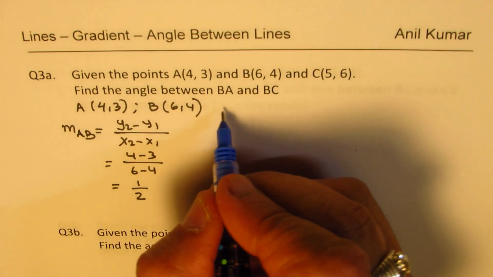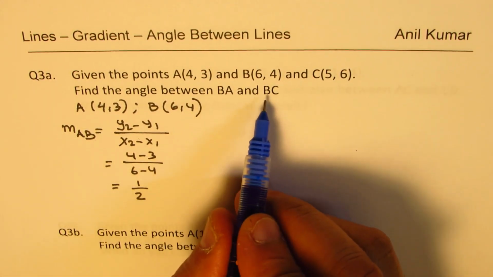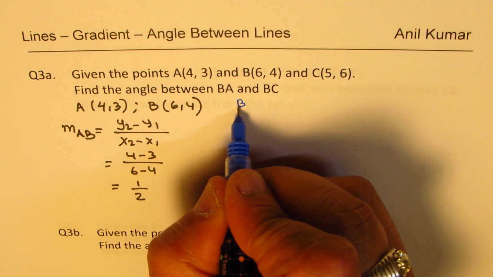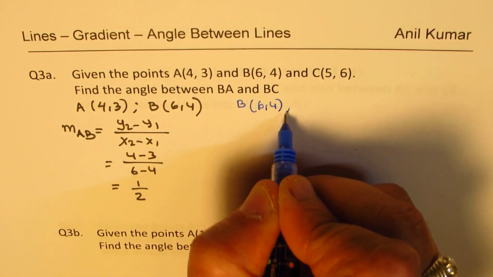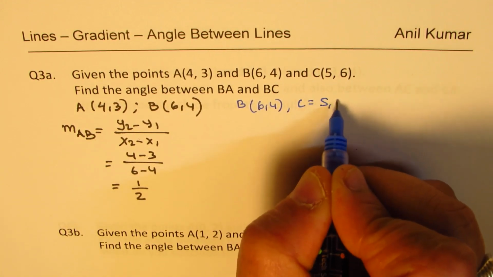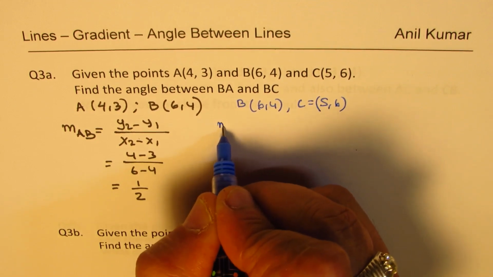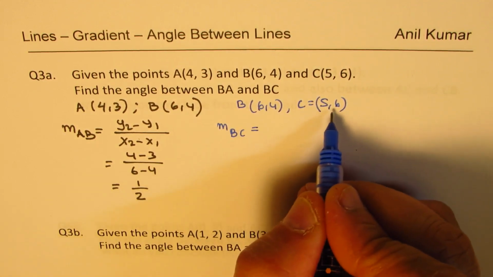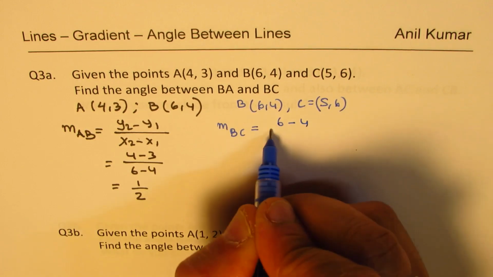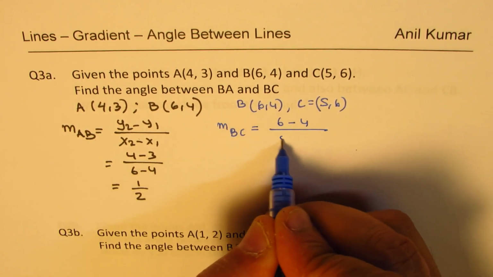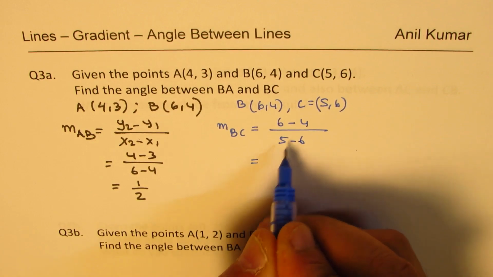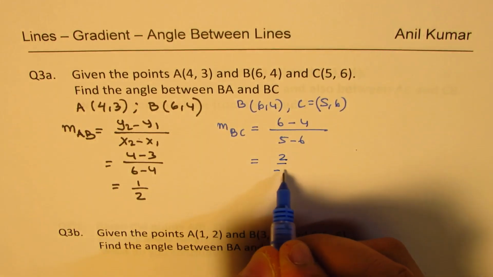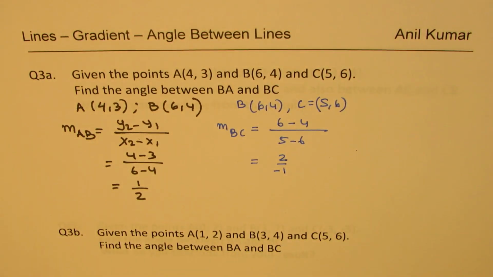Now let us also find the slope of BC, the other one. We know that point B is (6, 4) and point C is (5, 6). So the slope between B and C is equal to (6 minus 4) divided by (5 minus 6). That gives you 2 over minus 1, so minus 2 is the slope of this particular line.